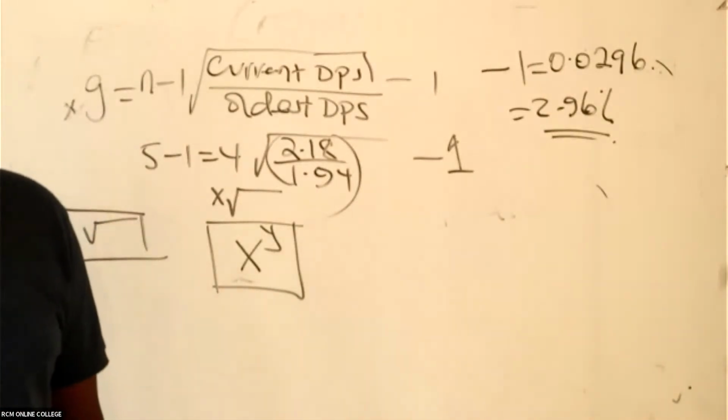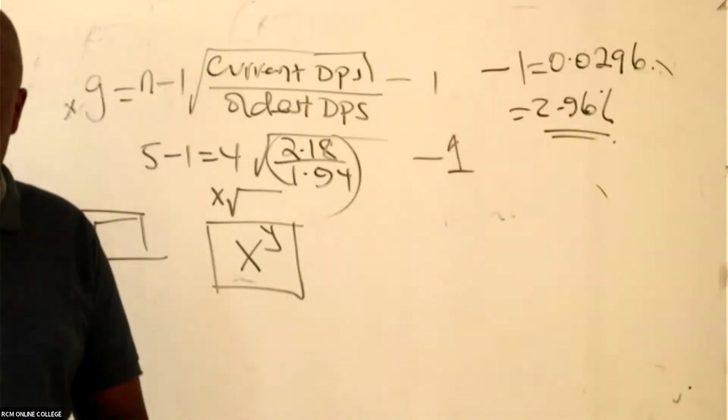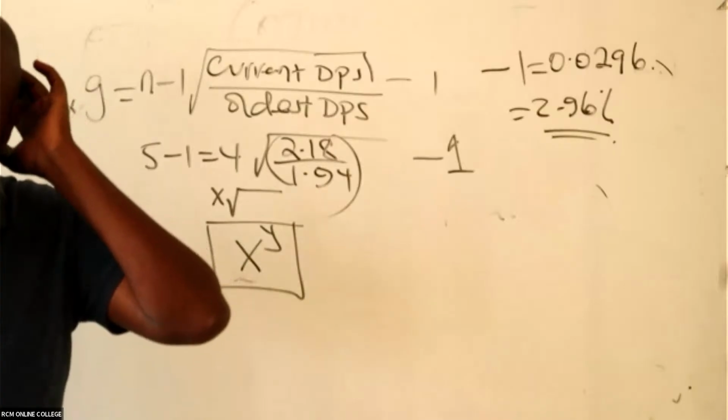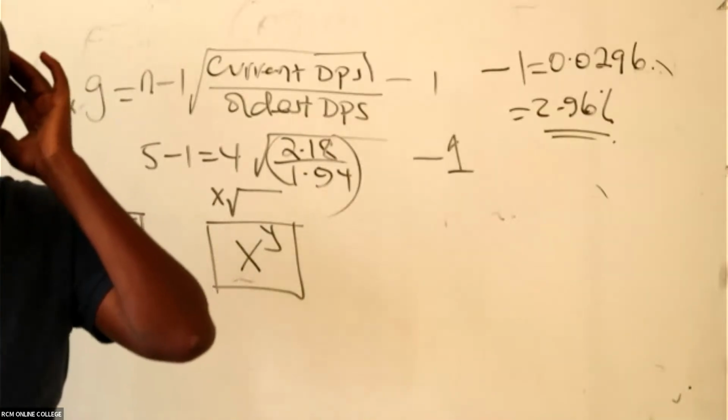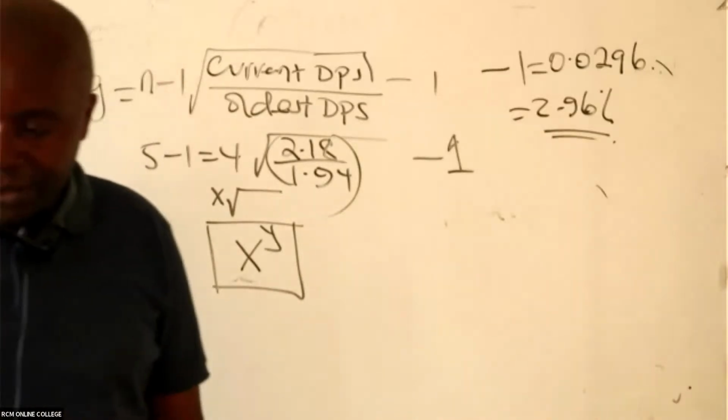I don't know whether you have been able to follow. I asked whether you have a calculator and you never answered, but we shall overcome. First, you must have a calculator.